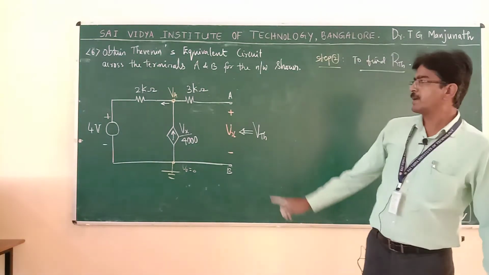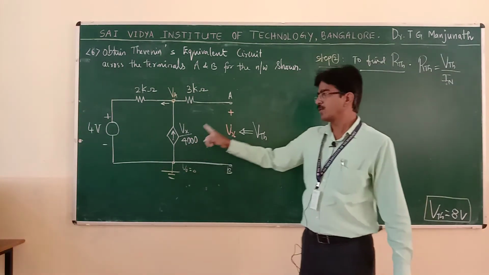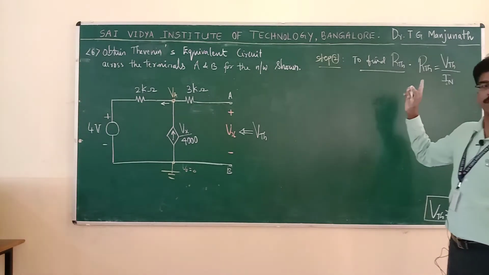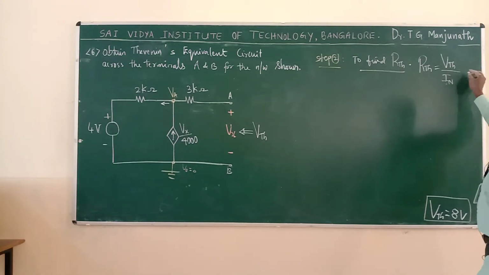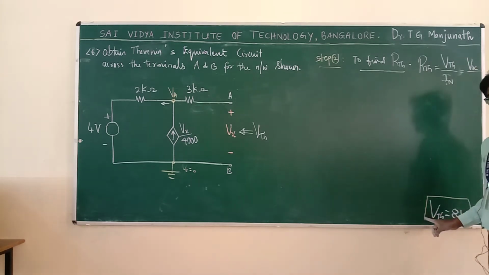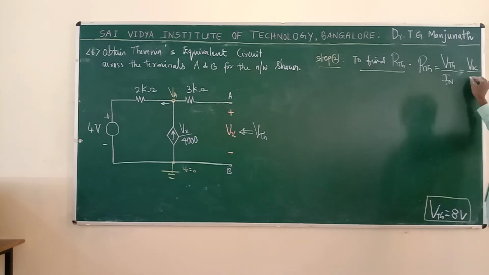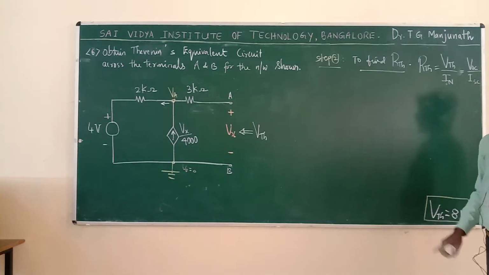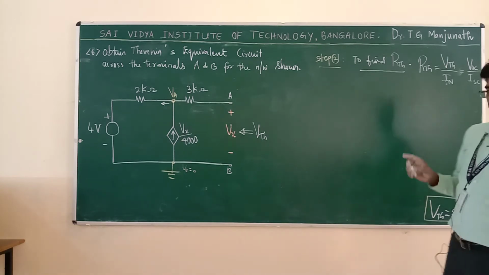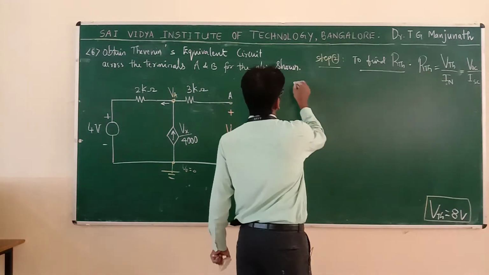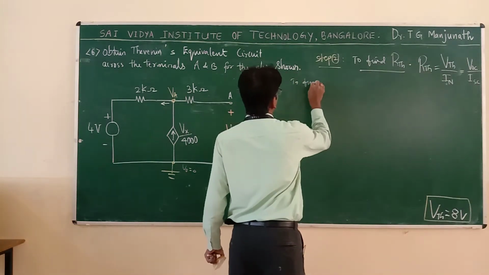So when there is a dependent source in the network, to find R Thevenin, we make use of this simple formula. What is V Thevenin? V Thevenin is nothing but the open circuit voltage, already found. IN is nothing but the short circuit current flowing through the load terminals. So now I have to find IN.